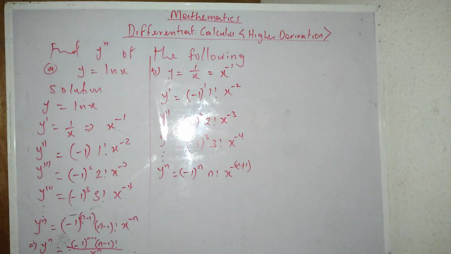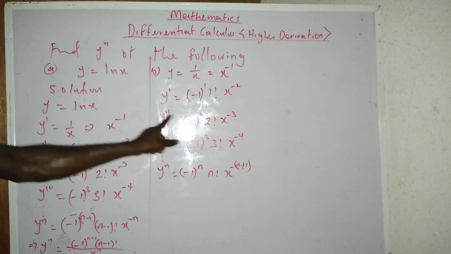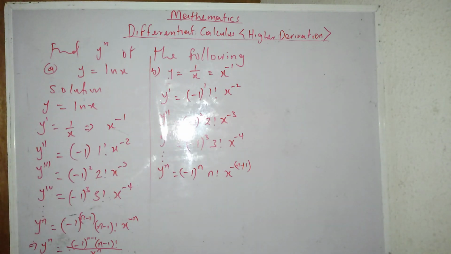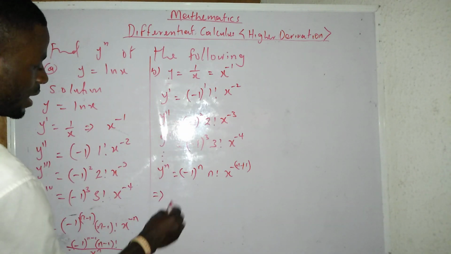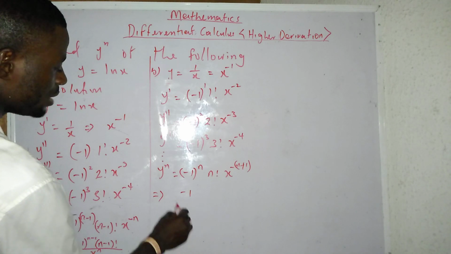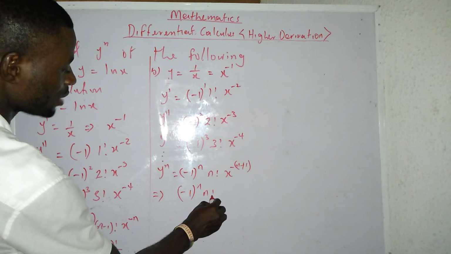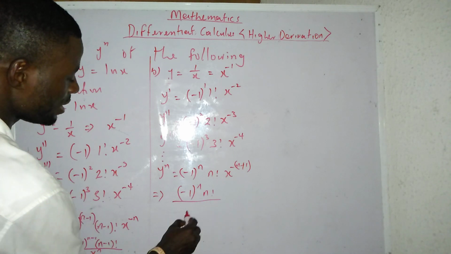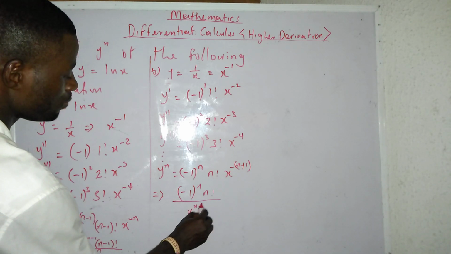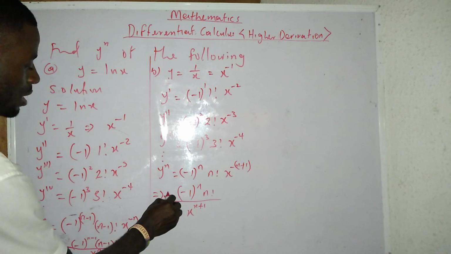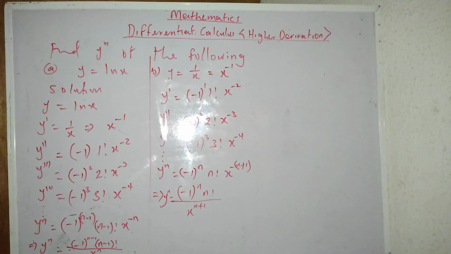When it's 3 here, it means raised to power n; second derivative here, I'm having 3. I can also write this as minus 1 all bracket of n factorial divided by x raised to power n plus 1. That is my final answer, which is my y of n.